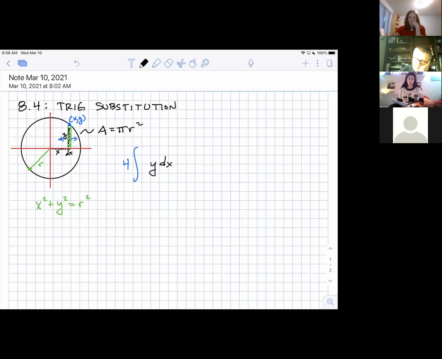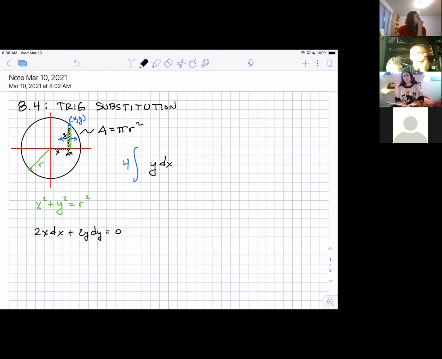Since I'm stuck with x, since there's a dx, and again, you're not actually stuck with x, I won't belabor this point, but if you took the derivative of the equation of your circle, the derivative of x squared is 2x dx, and the derivative of y squared is 2y dy, and the derivative of r squared is nothing. As I said, r is a constant.